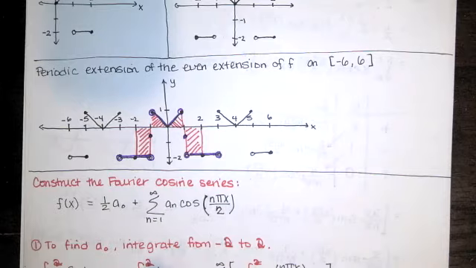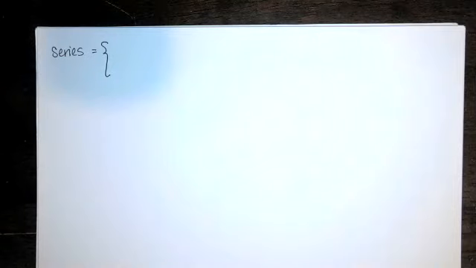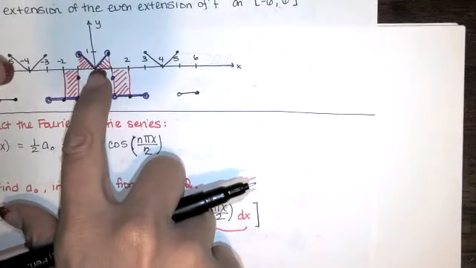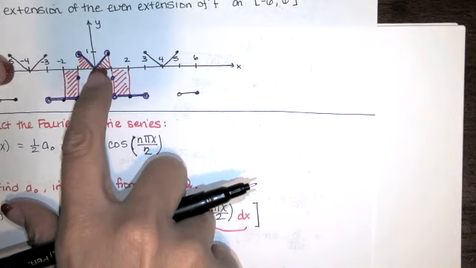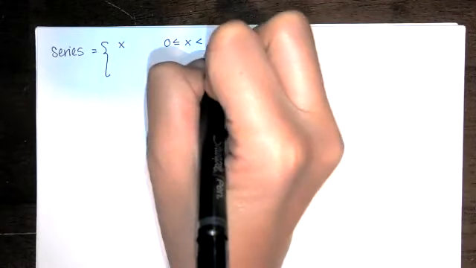Now we're usually only interested in where the series converges on the interval from 0 to L. So in our case, on the interval from 0 to 2. So the series converges to this. It's going to be f, where the function was continuous, or where the periodic extension was continuous. So it'll be f of x, which is equal to x on the interval from 0 to 1, including 0 because the periodic extension is continuous there.